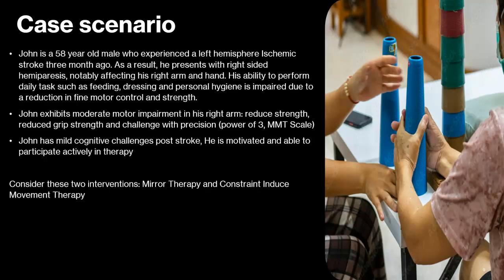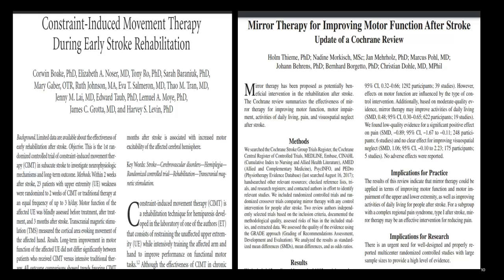Now, looking at John's situation, and searching through available evidence, the best evidence that we had in improving motor responses for post-stroke patients is the mirror therapy and then the constraint-induced movement therapy.